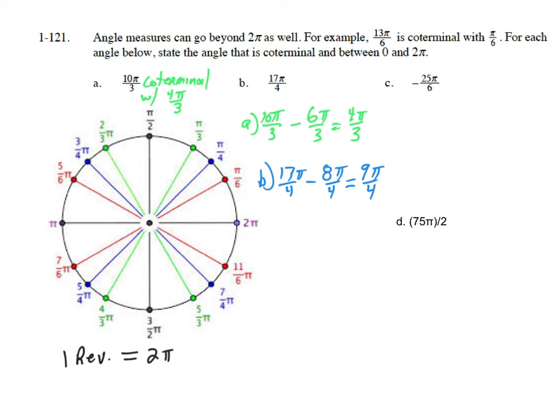Well, that's still more than one revolution. So I'm going to take 9 pi over 4 and subtract from it another 8 pi over 4. That leaves me with pi over 4. So 17 pi over 4 is coterminal with pi over 4.